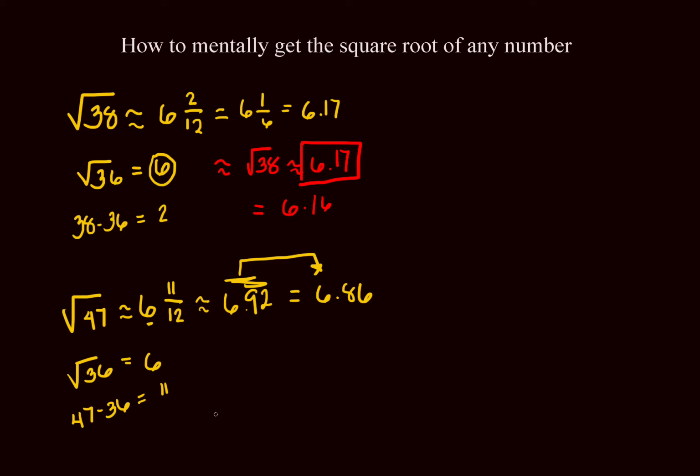Let's try it out again. So let's try to create a different number. So let's say we want to get the square root of 129. Okay, so our first step, we're going to look for the perfect square that is just below 129. So in this case, that would then be the square root of 121. The square root of 121 will just give us an answer of 11.